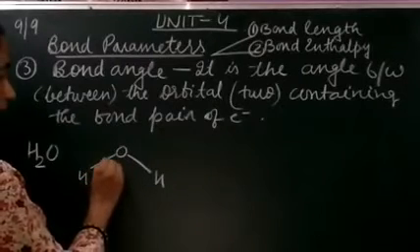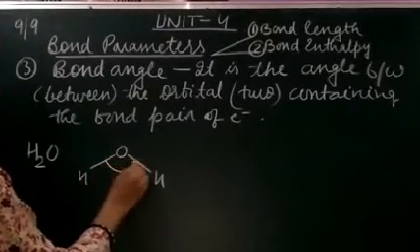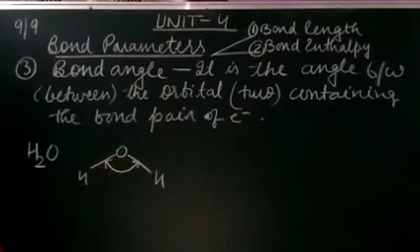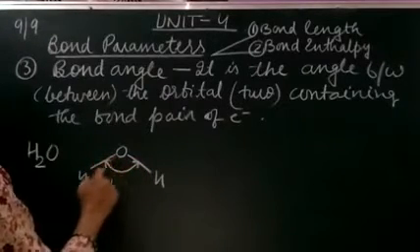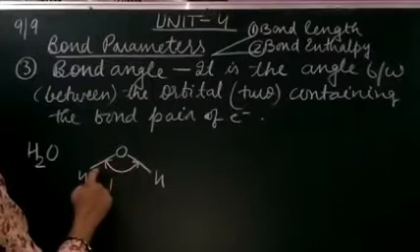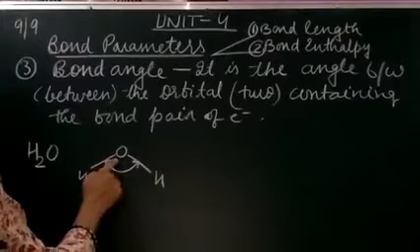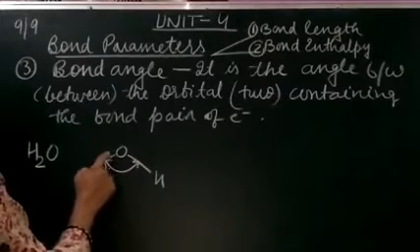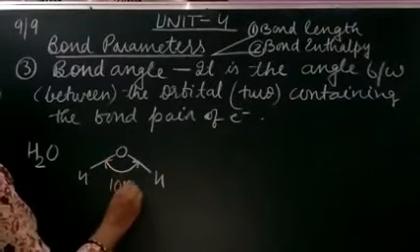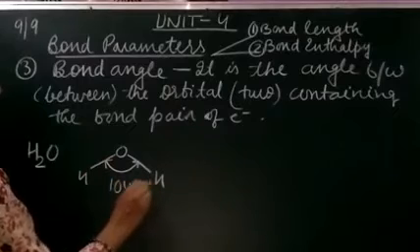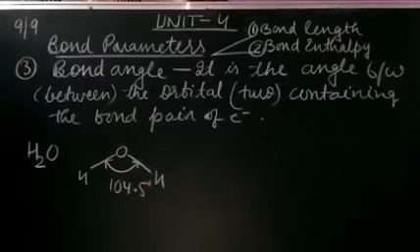So here the bond angle is this one between the two OH bonds, and this line indicates the bond, which consists of the orbitals bearing the shared electron pair, right students? So this is the bond angle here, 104.5 degrees.